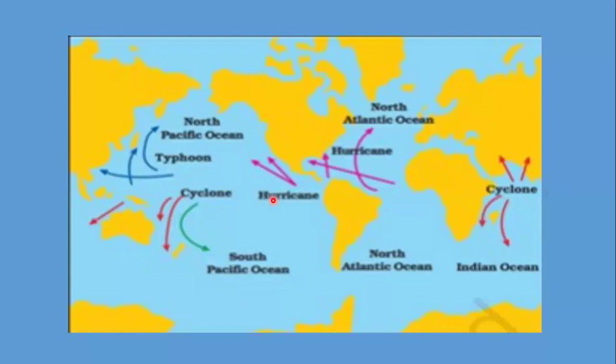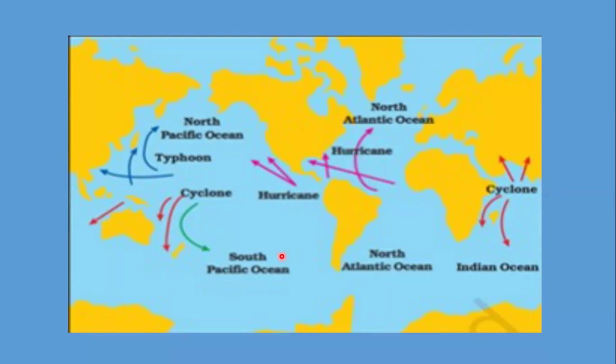Cyclones all over the world are called by different names. In the Indian Ocean, these storms are known as cyclones. In the North Atlantic Ocean, hurricanes.